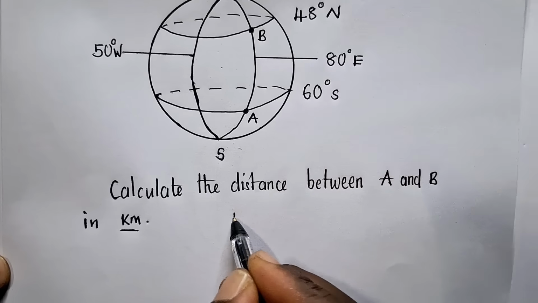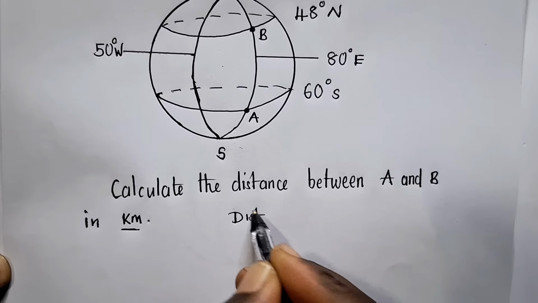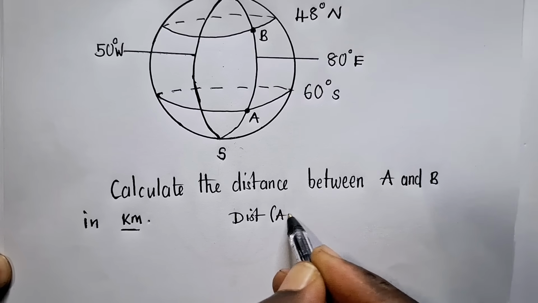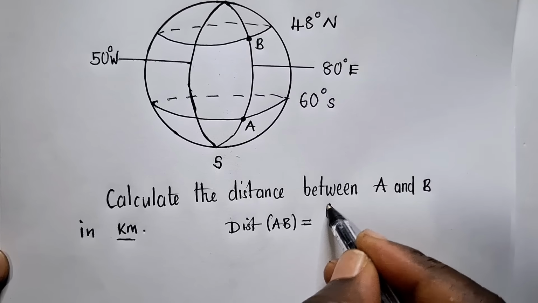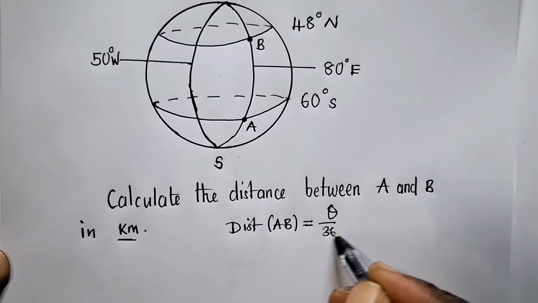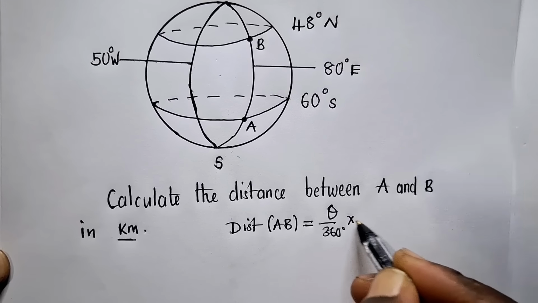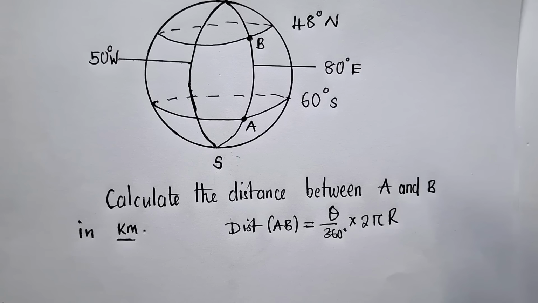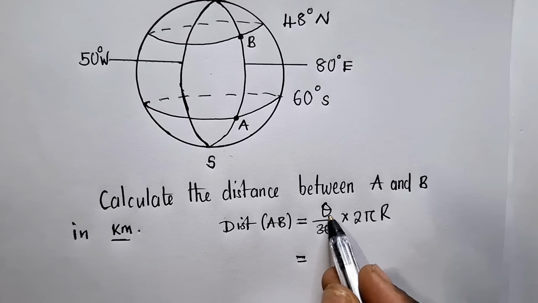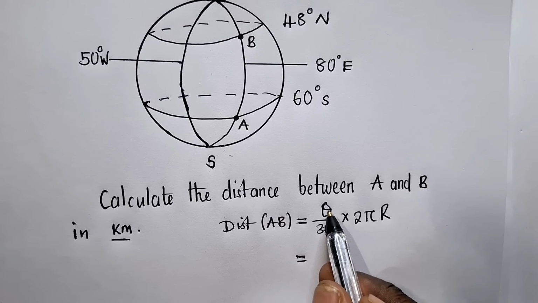To find distance, we're going to write the formula. So master this formula. Distance between A and B is equal to theta over 360 degrees times 2 pi capital R. Okay? So that's it, capital R. Remember, I showed you how to find theta.